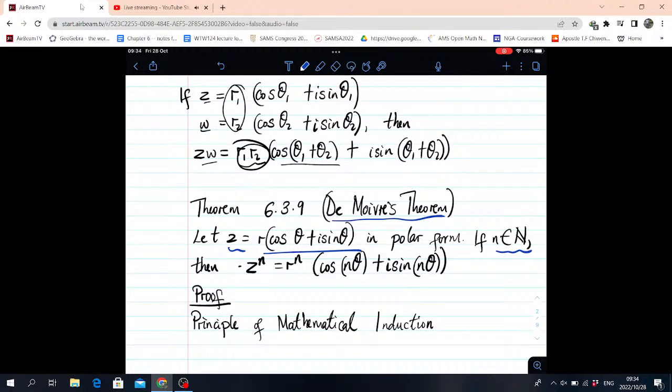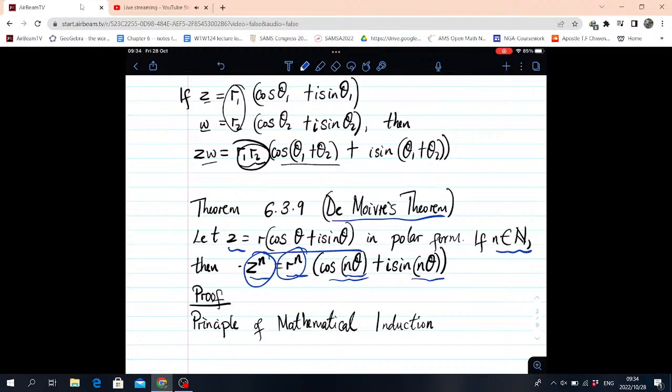So if n is a natural number there, then z to the n is going to be equal to r to the n, and then cos n theta plus i sine n theta. Right? So the problem reduces to, if you find the modulus, now you can just take the power of some number, which is relatively easy to work with, and then you also multiply inside there by n, and you can then still get the principal argument, and then you've got z to the power n.